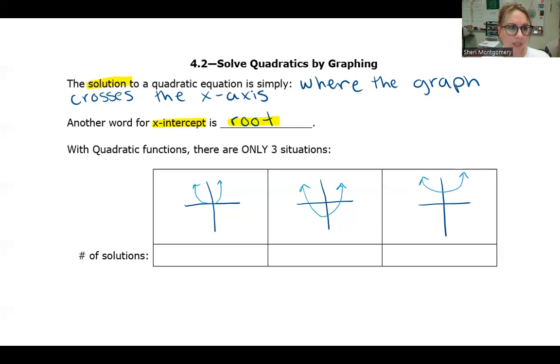Well, the answer is where you cross the x-axis. So we're going to look at this. The first situation, you actually just come down and touch and bounce off. The second situation, you go through twice. What about the last one?